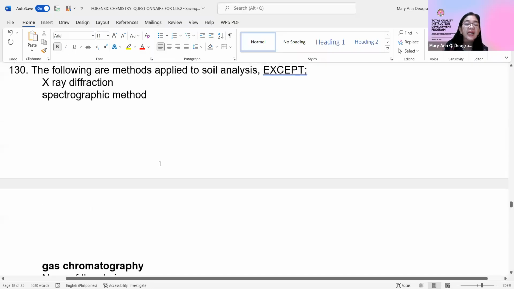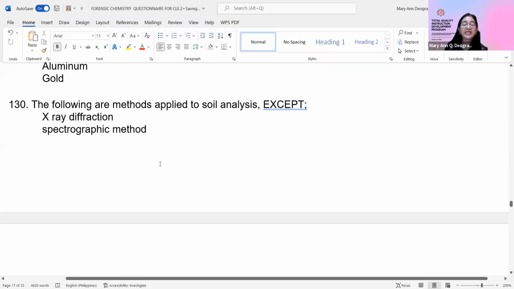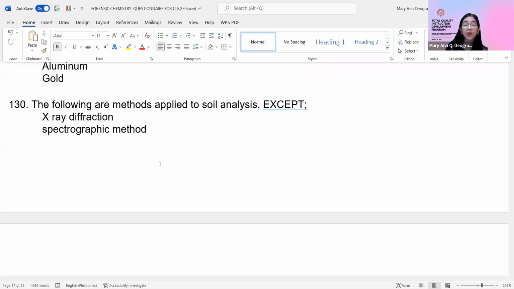Remember class, the analysis which are employed in the analysis of glass are also the same analysis which are employed in soil analysis. Na parehas lang yung mga test na ginagamit dyan. Tandaan niyo, soil at saka glass, magkaparehas lang yung mga examinations na kinakandak dyan.